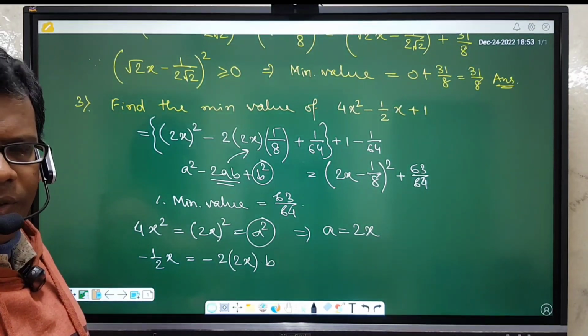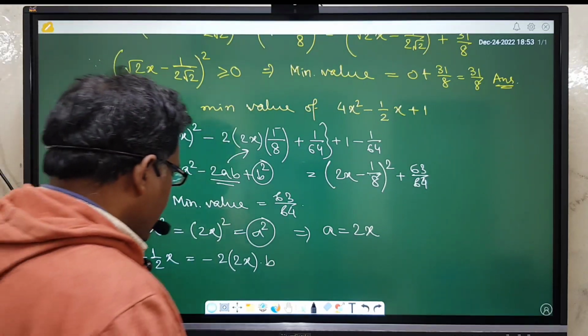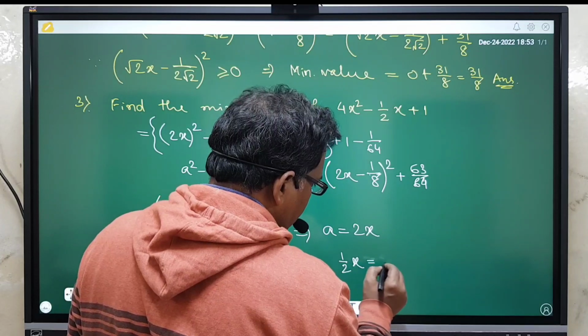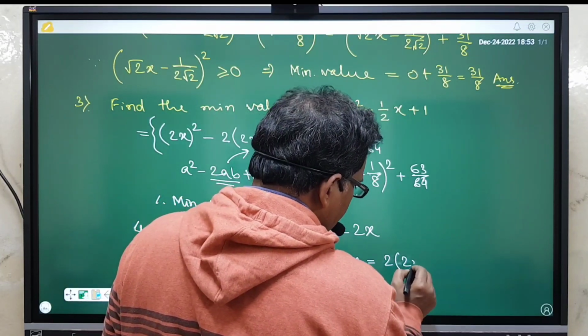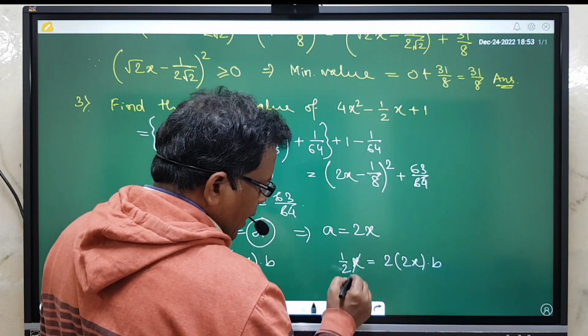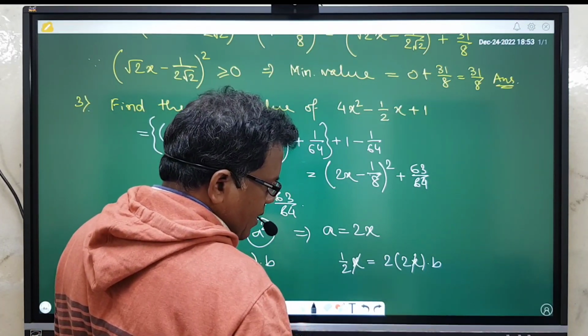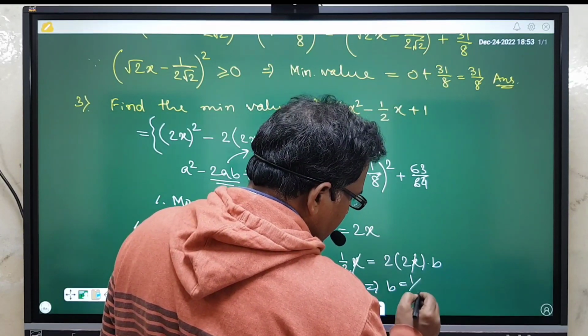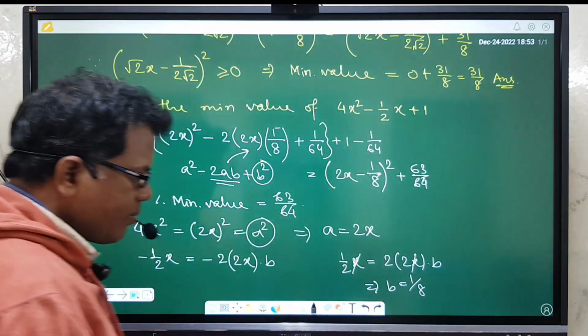So if I compare 1 by 2 of x with 2 into 2x into b, then cancelling x from either side, what is the value of b we should get here? Is it 1 by 8?